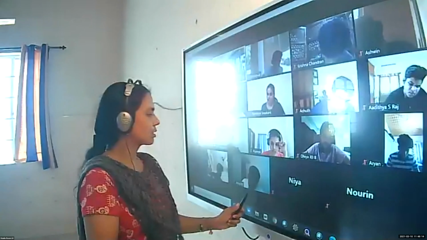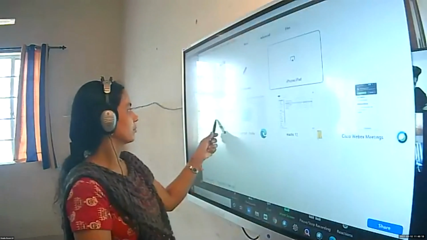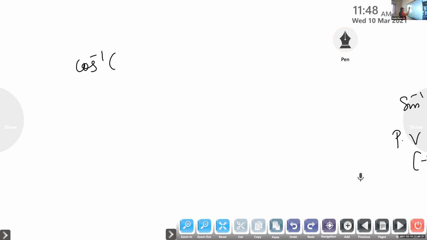Now cos is negative, isn't it? So in which quadrant will it come? Cos inverse of minus 1. The principal value branch of cos inverse of x is 0 to pi.